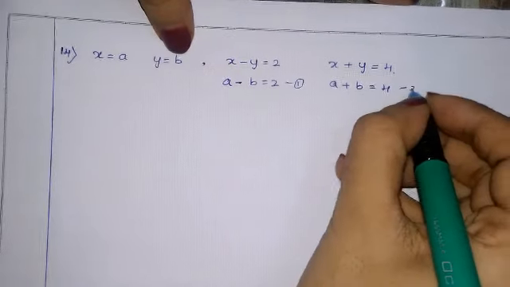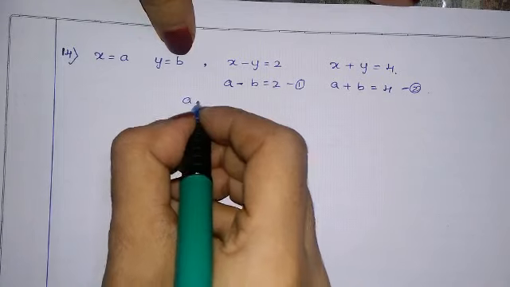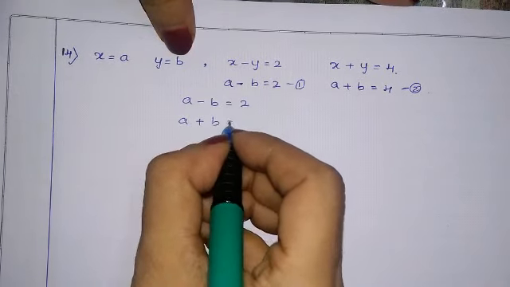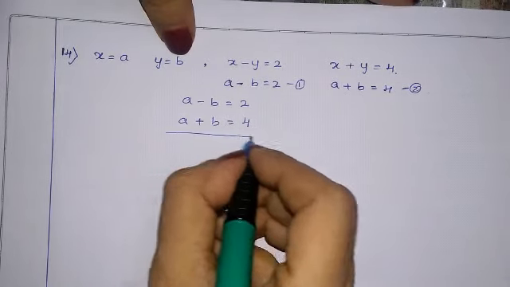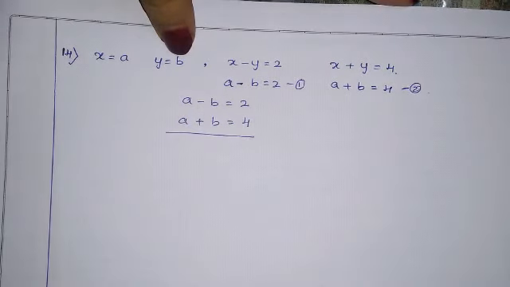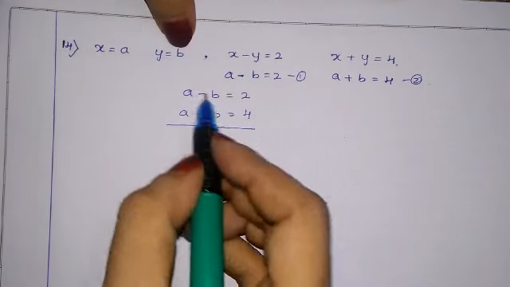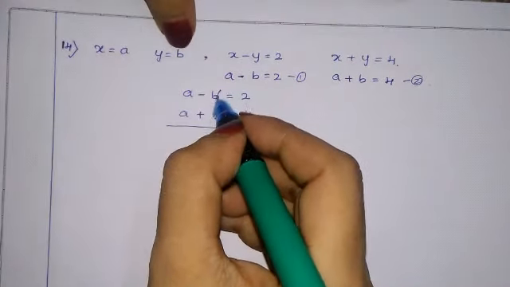Solving 1 and 2, how do we solve? a - b = 2, a + b = 4. We cannot cancel a because a has both positive signs. We can easily cancel b because one is positive and one is negative.